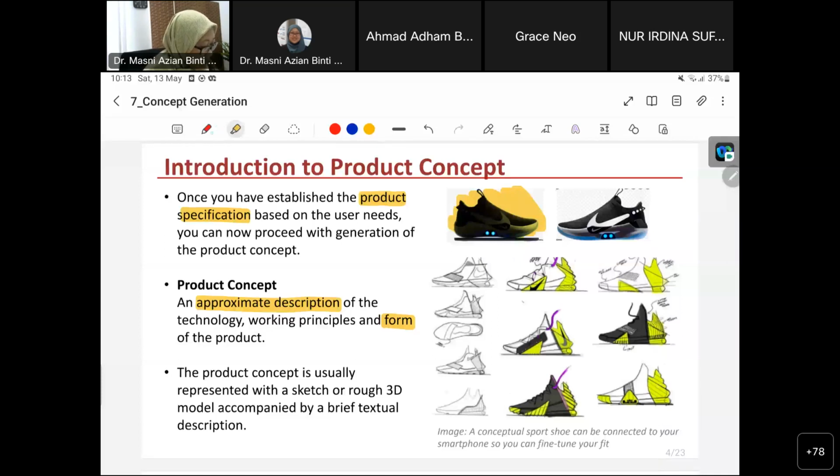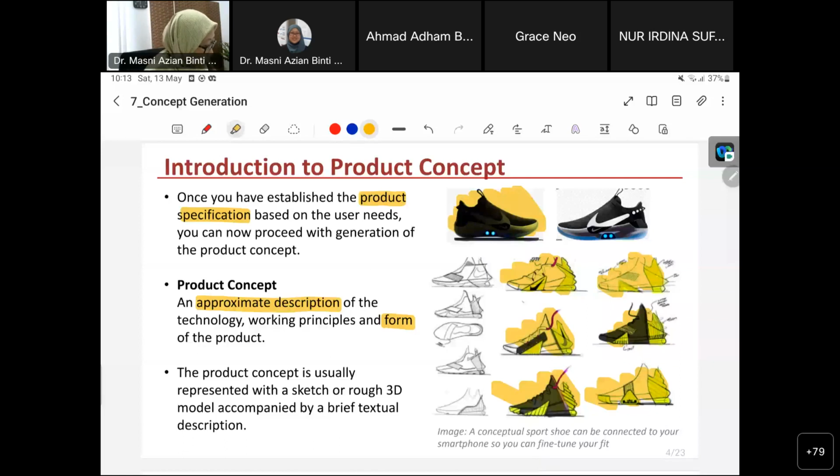Based on the technical spec, you would be able to establish multiple concepts for the product. As you can see, semua konsep ni, the aim is the same. The product statement is the same. The product is still a smart shoes which you can connect to your smartphone, but probably the feature is different, the component is different, maybe the interface is different. So that is product concept. It's just a general idea on the variance of your product.